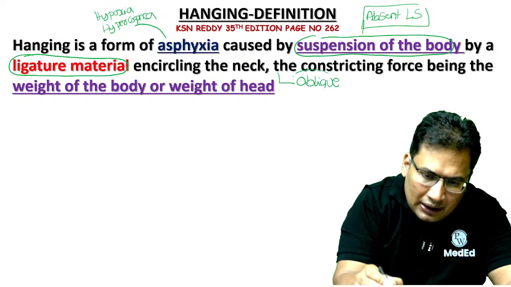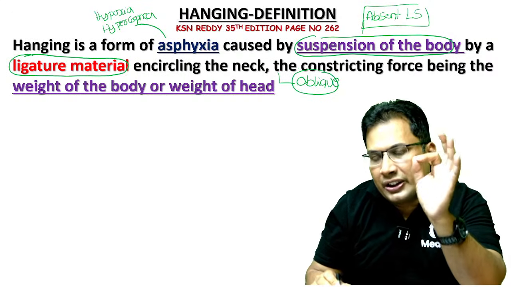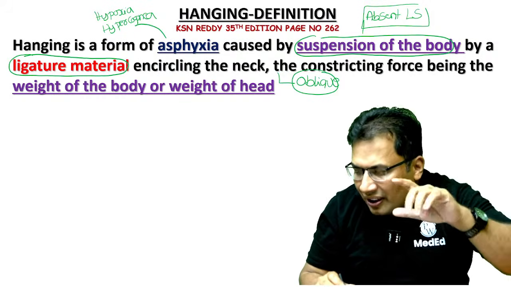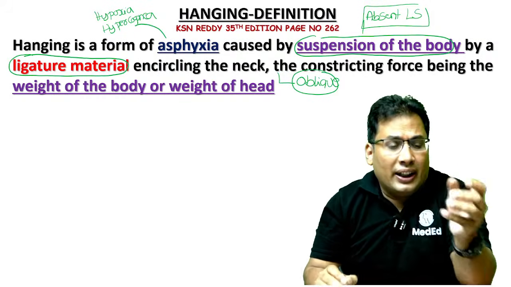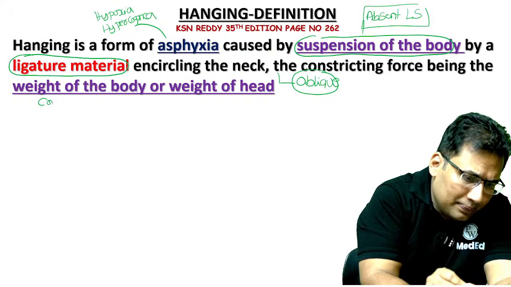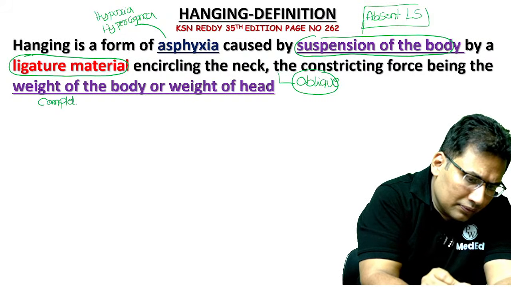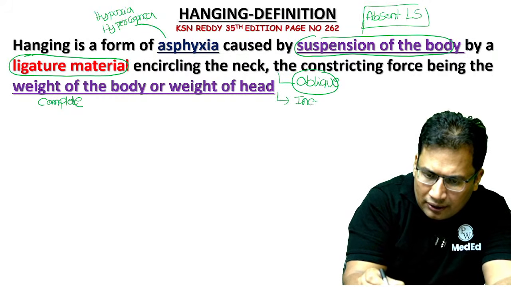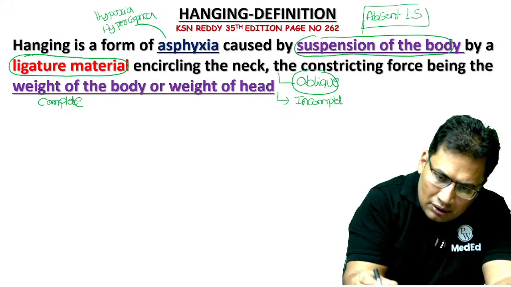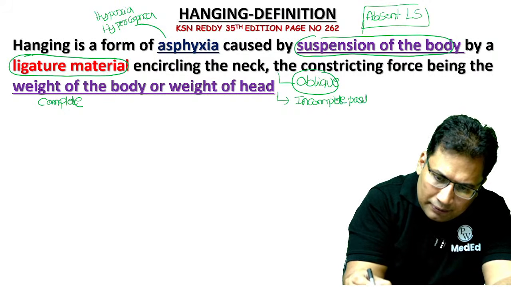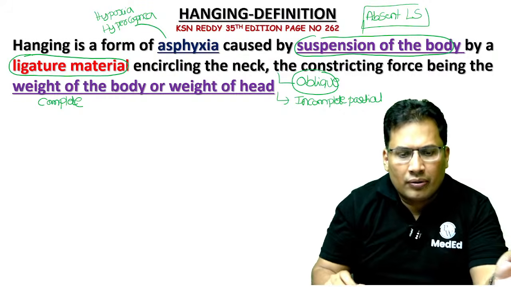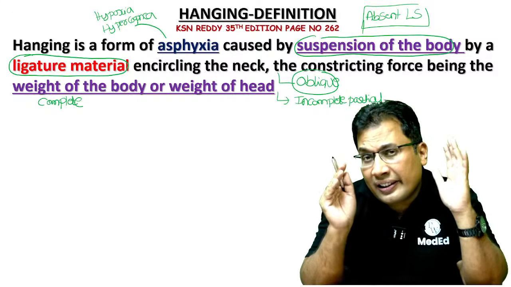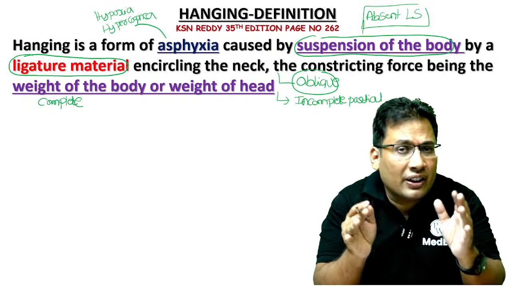In a classical hanging, the ligature mark is oblique. Very important point. The constricting force is the weight of the body in complete hanging, and the weight of the head in incomplete or partial hanging. The weight of the head, 10 to 12 kg, is the constricting force that leads to asphyxia and death.